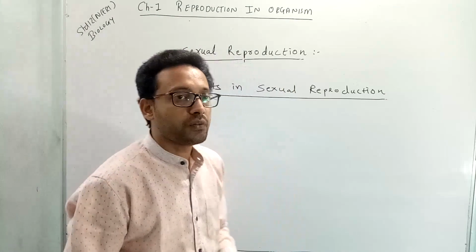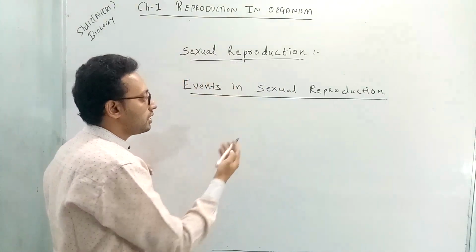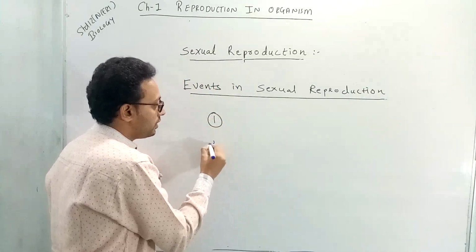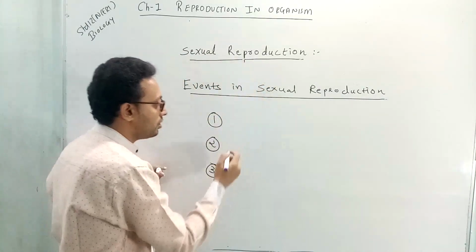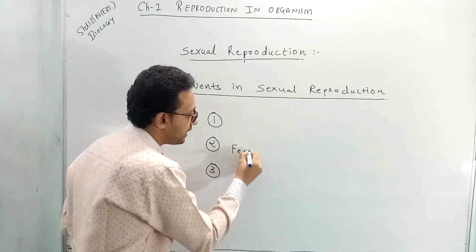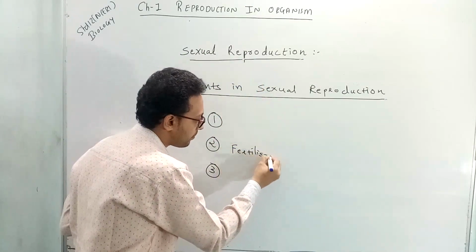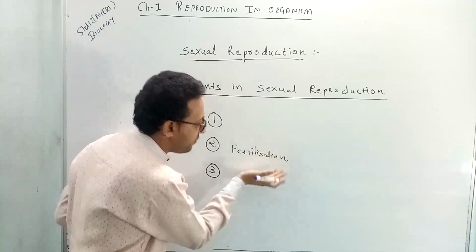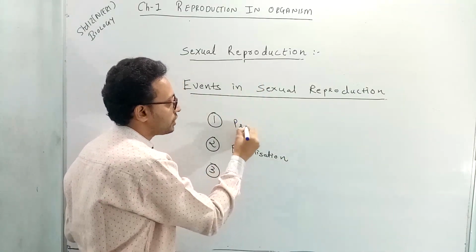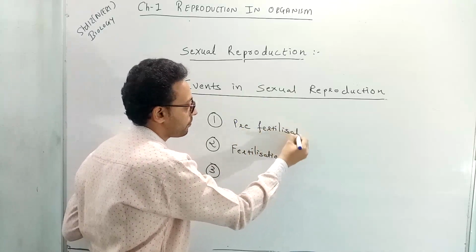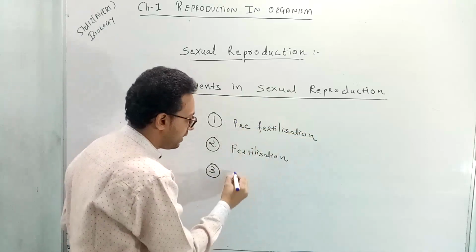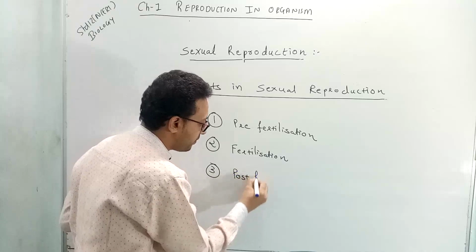So the events which occur in sexual reproduction are divided into 3 stages for easy understanding. Because in sexual reproduction, the main event is fertilization. The events which occur before fertilization are called pre-fertilization. And the last one is called post-fertilization.